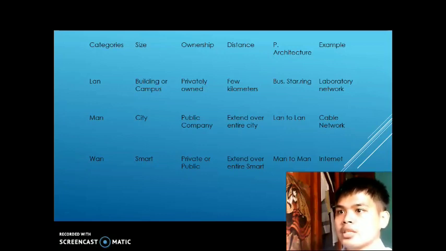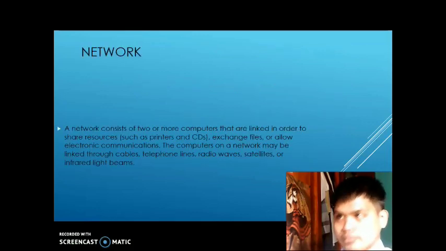MAN: city, private or public, extends over an entire city; LAN to LAN, cable network. WAN: private or public, extends over an entire country; MAN to internet, MAN to MAN.